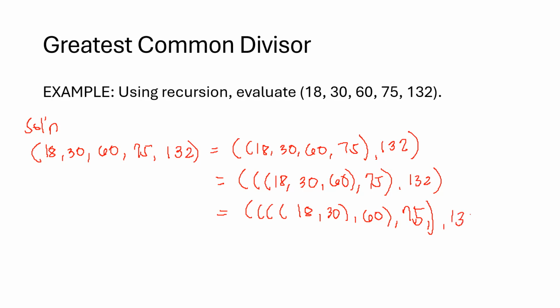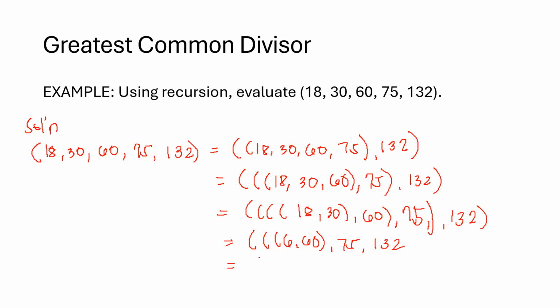and 132. So which is actually equal to the GCD of 18 and 30 is 6. So you have the GCD of 6 and 60, then the GCD of 75, then the GCD of 132, which is equal to the GCD of 60 and 6 is equal to 6.